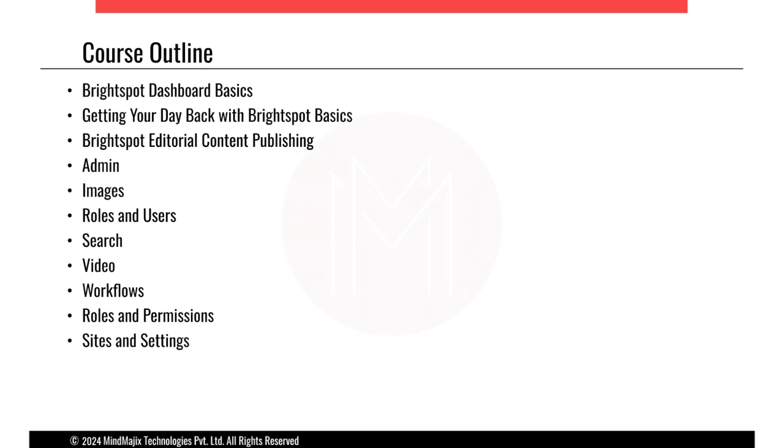Basically, in roles and permissions, you can create multiple roles and give permissions to them, like you can authorize them for publishing only, or you can authorize them for reviewing. Like before publishing, we can also set a role to review the content you have written in Brightspot. So you can also give permission to the person who can check what the content is there in the Brightspot contents. And we can also then go through the sites and settings, like what settings are there, what you can do.